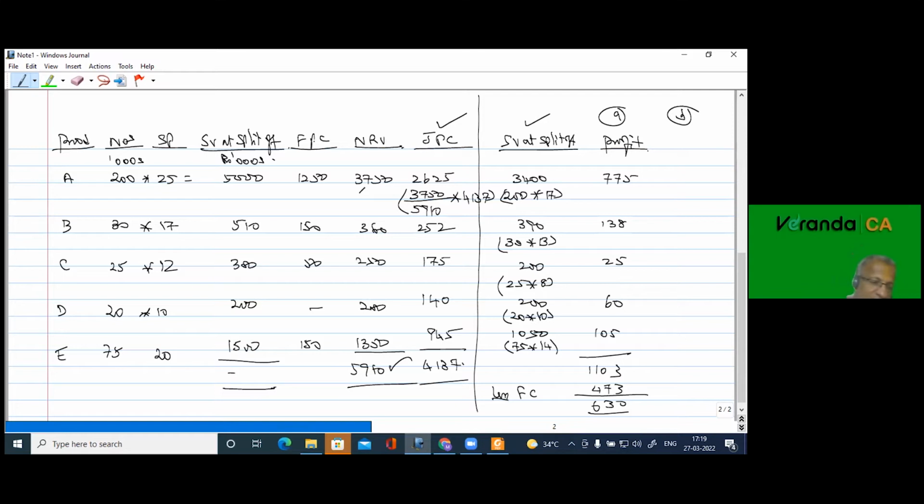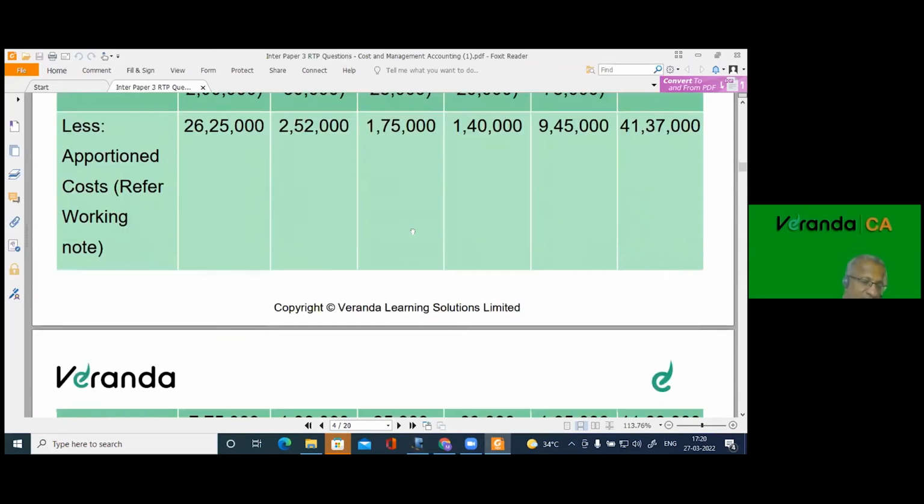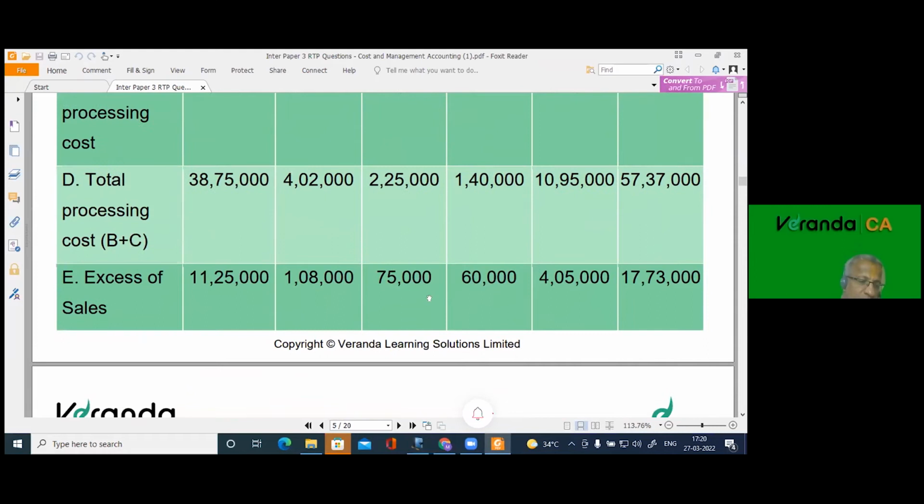Because this sale value is already at the split off point, from which further processing cost we have deducted to get net realizable value, from which joint process cost can be deducted. 3750 minus 2625. So how much is that answer? 1125.